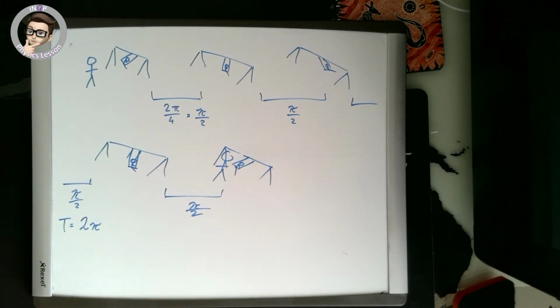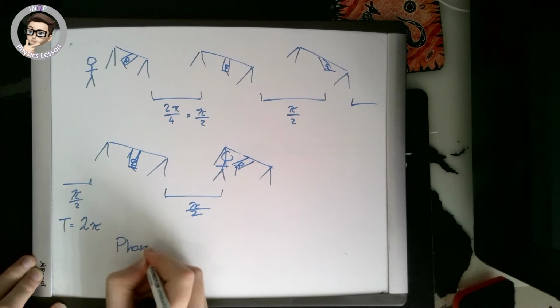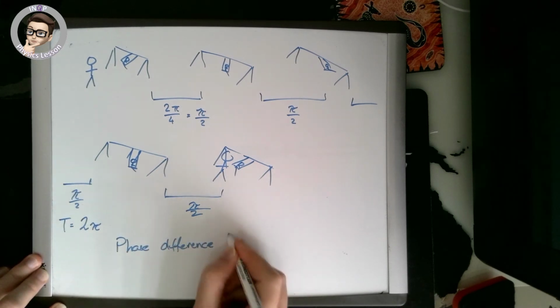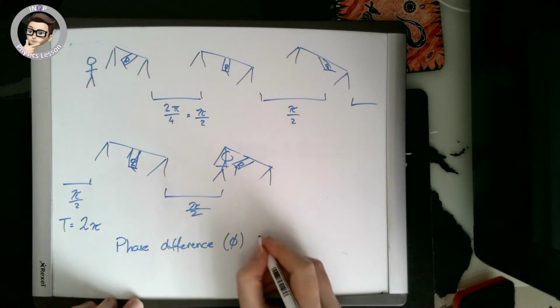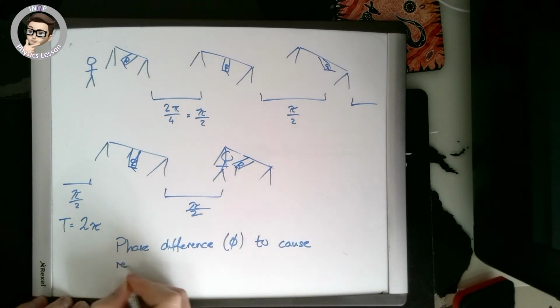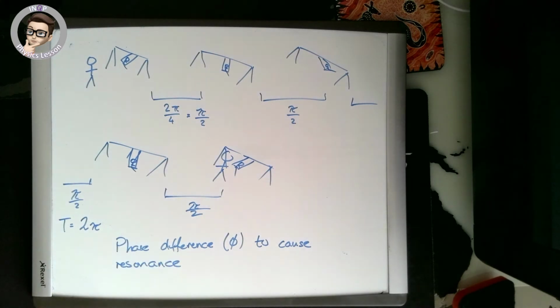So if we now think about when that force is being applied, then the phase difference, and remember we call phase difference this symbol phi, so the phase difference causing resonance is pi by 2 between the displacement and the driving force.